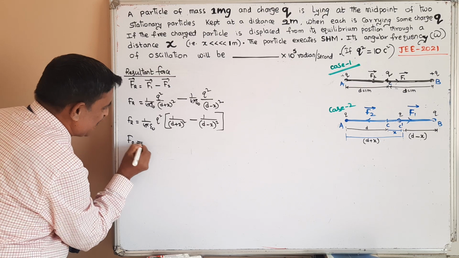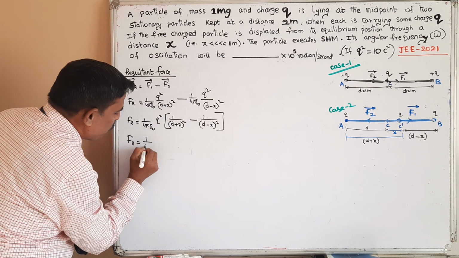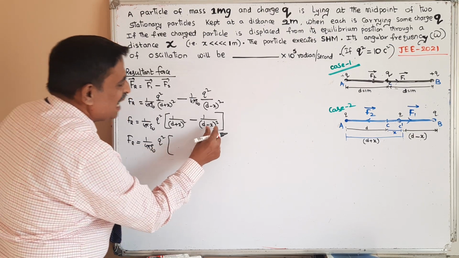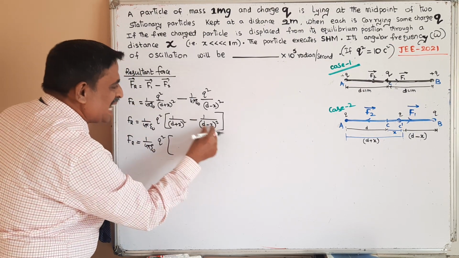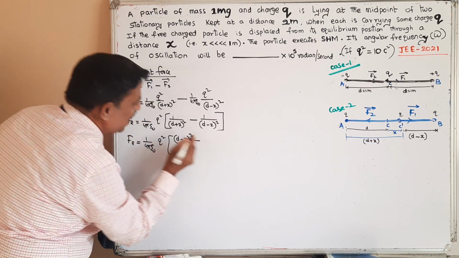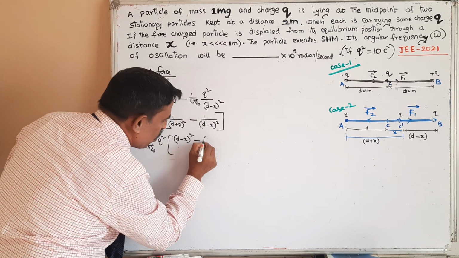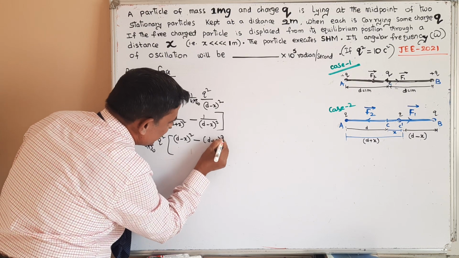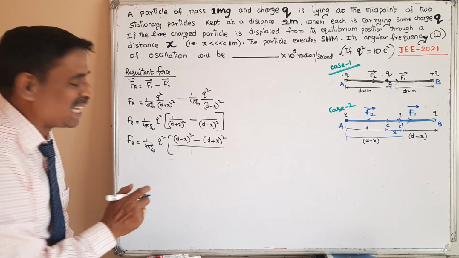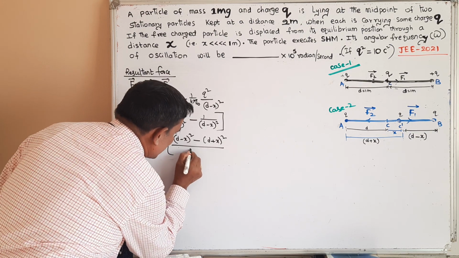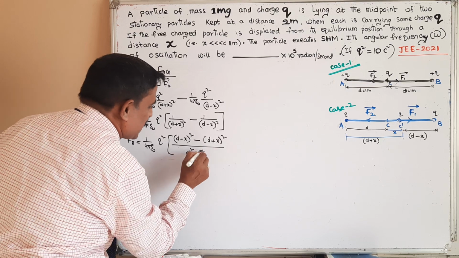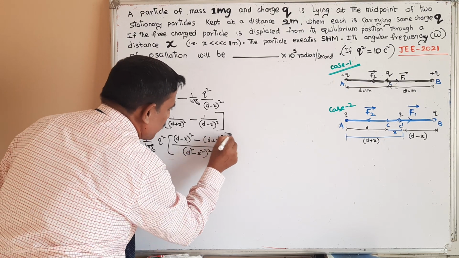Resultant force is equal to 1 by 4 pi epsilon naught q square times d minus x whole square minus d plus x whole square, by d plus x into d minus x, that is d square minus x square, whole square.